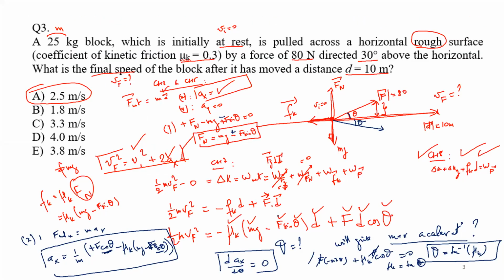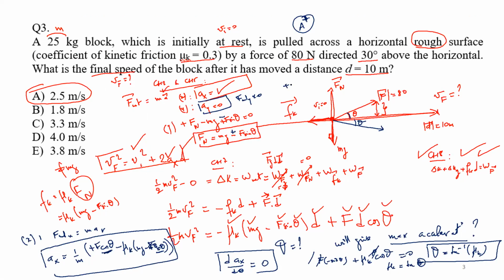Any question? Yes, I have a question. Please go ahead. You take from the frictional force the Fn as mg minus F sine theta. Can you explain that? Okay, this is because there is no acceleration along y, so net force along y is 0. You look at all the forces that have components along y.